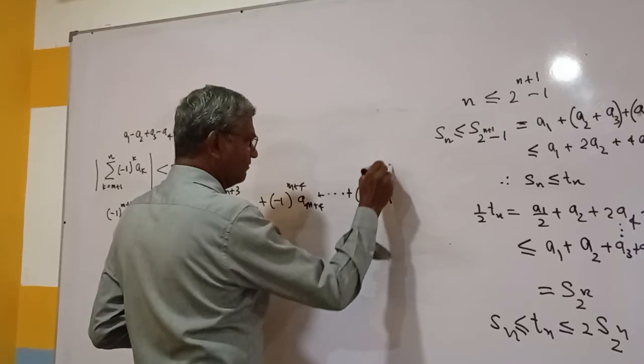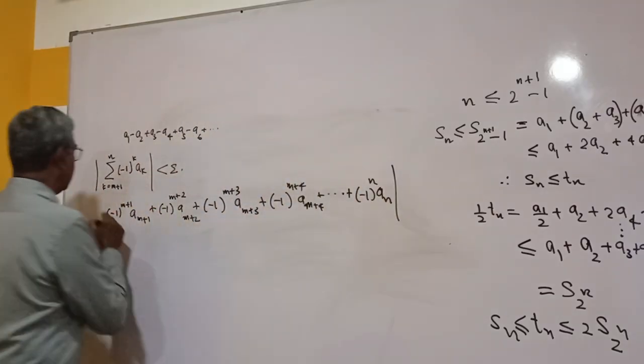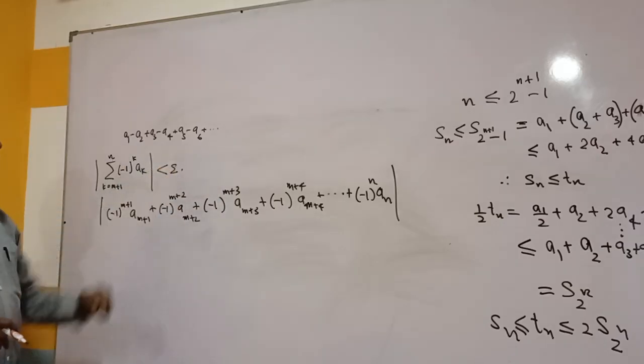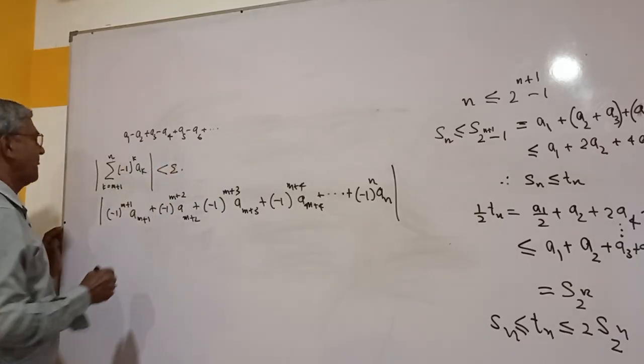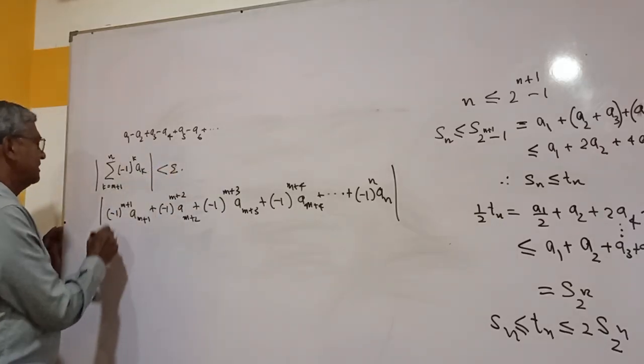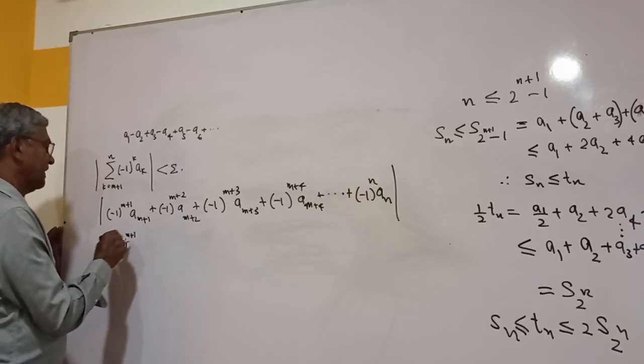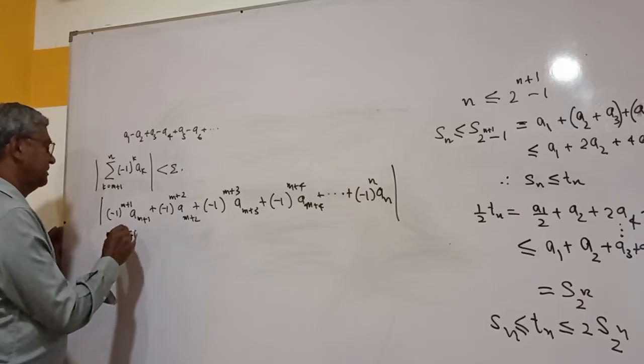Say we want the absolute value of this thing to be less than epsilon. To prove this series converges, what happens is you pull out the minus 1 to the m plus 1 factor.